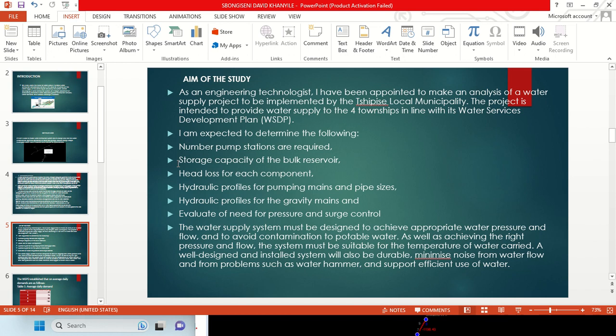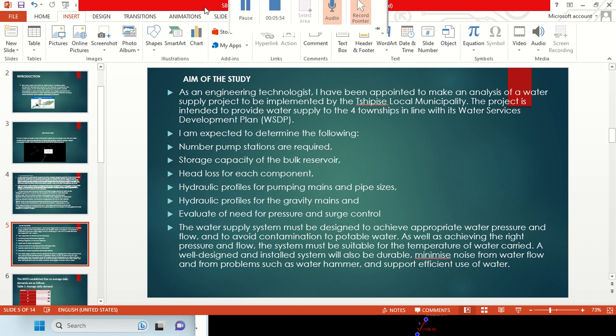The aim of this study: as an engineering technologist, I've been appointed to make an analysis of a water supply project to be implemented in Tsepise local municipality. The project is intended to provide water supply to four townships in line with the Water Services Development Plan.